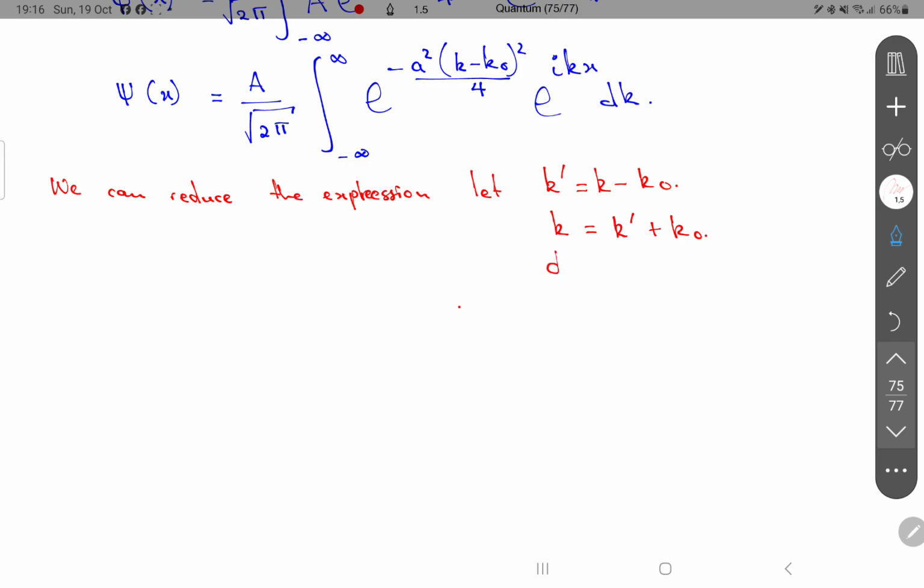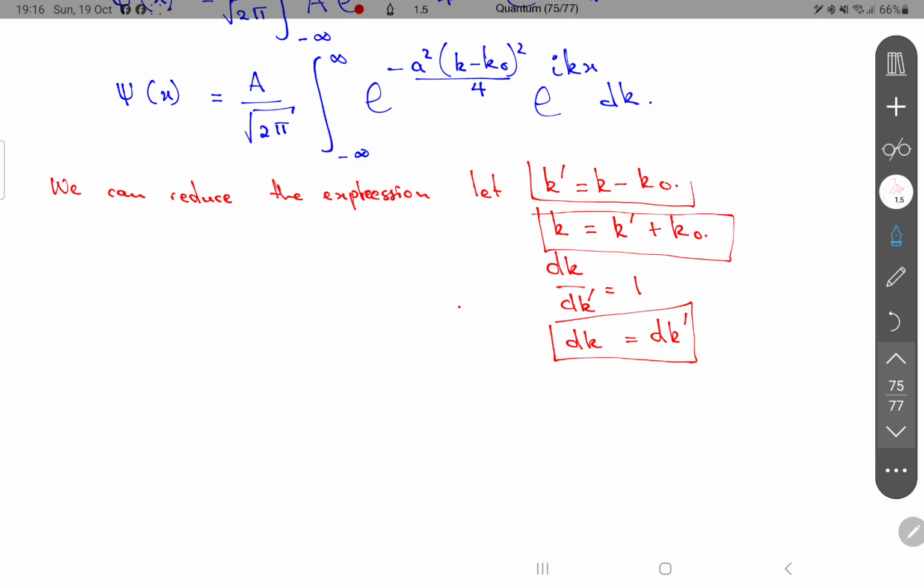If I differentiate dk over dk prime, I get 1. So dk equals dk prime. This is important, because we want to substitute.